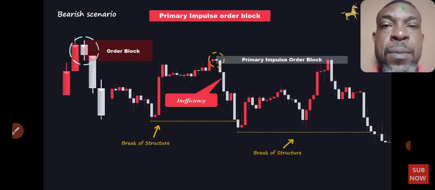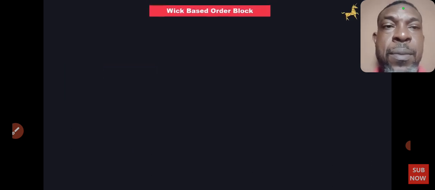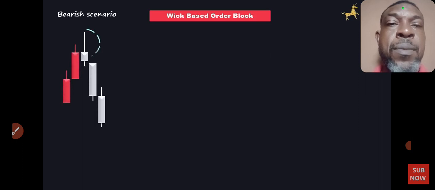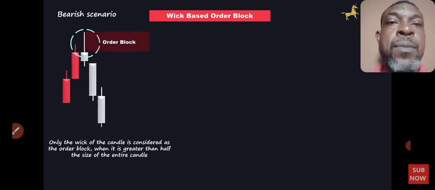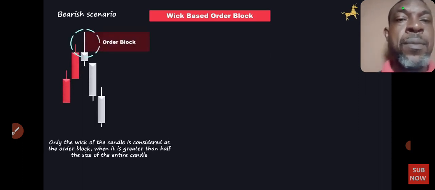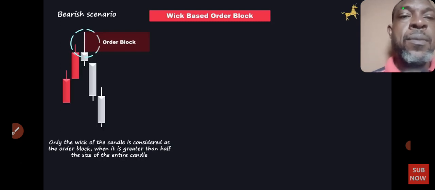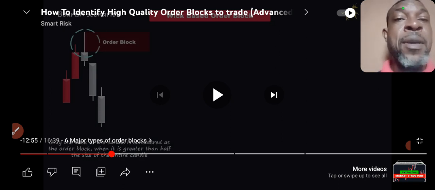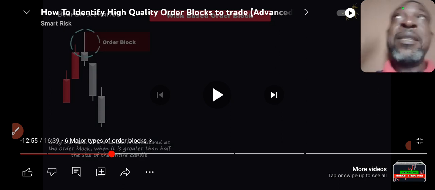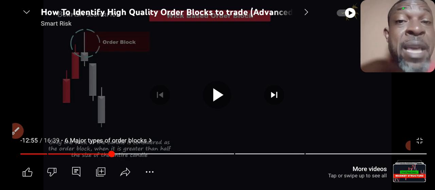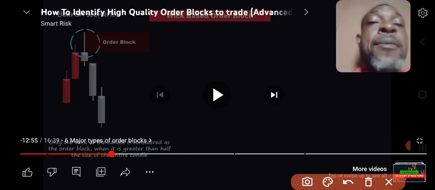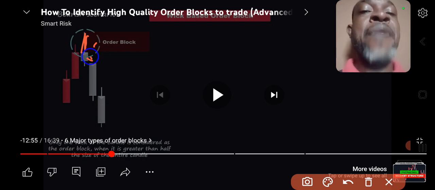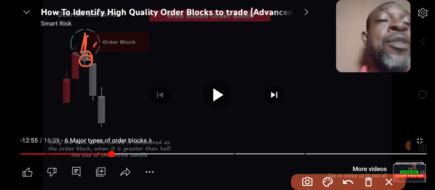The third type is the wick-based order block. In the bearish scenario, a wick-based order block occurs when the shadow or wick of the last buying candle or the first weak bullish candle is greater than half the size of the entire candle. In this pattern, basically, the wick, which is this line you can see right over here, is greater than the body of the candle itself.